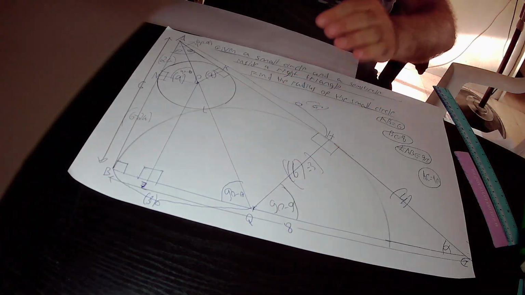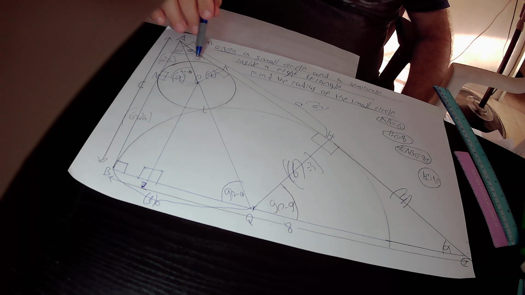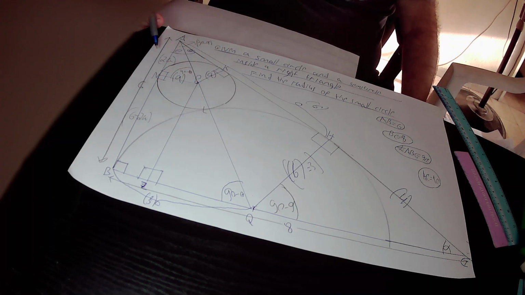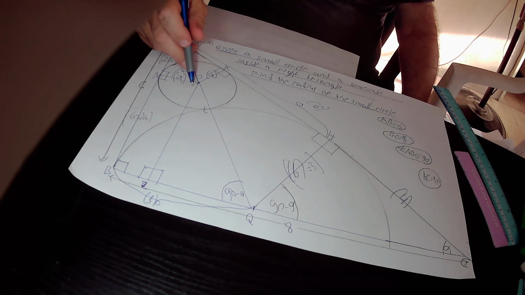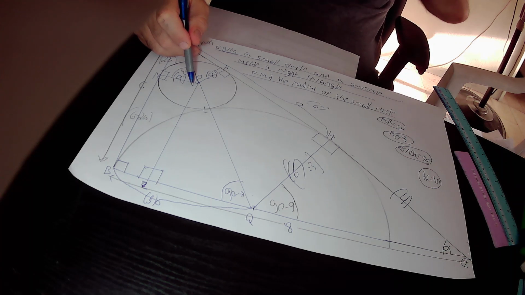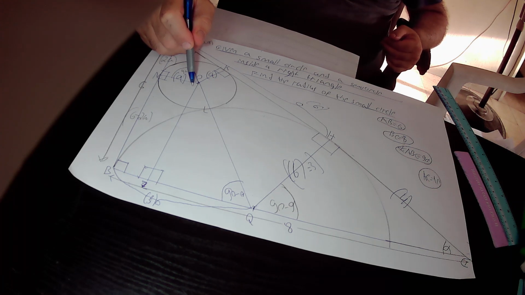By doing this construction, we can deduce quadrilateral NPBZ. Inside quadrilateral NPBZ, we have 1, 2, 3 right angles. The sum of 3 right angles is 270 degrees. So 270 degrees plus the size of this fourth missing angle, in total, they must be equal to 360 degrees according to the rule that the sum of the angles in any quadrilateral is equal to 360 degrees.